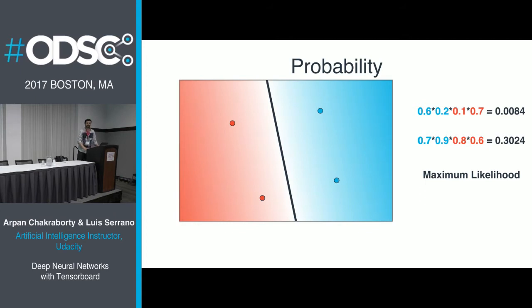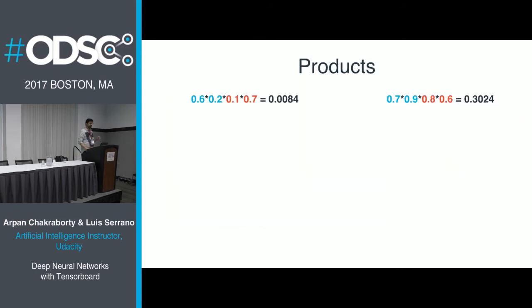But now, how do we maximize probabilities? How do we take these numbers and turn the 0.0084 into a 0.3024? There's a problem here: we have products, and I hate products. A product of 4 numbers doesn't seem so bad, but if you had 1 million data points, how would the product of 1 million numbers, all between 0 and 1, look?